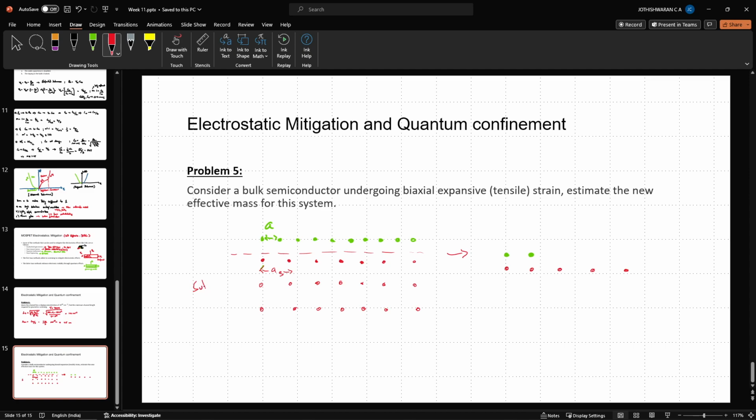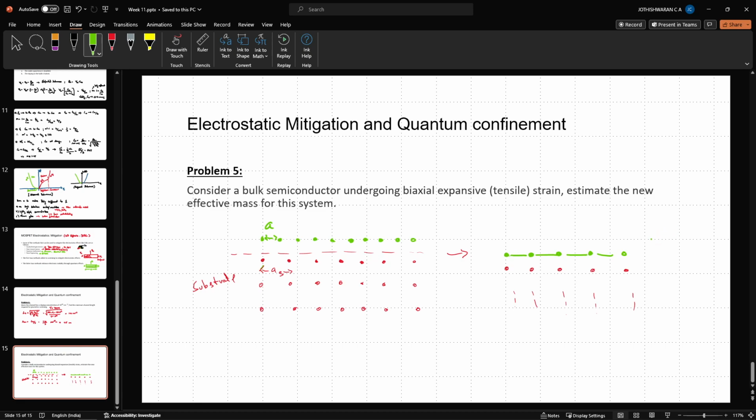So now the green dots will get stretched out. These bonds now undergo a tensile strain. They are stretched. Now remember, if this is a 2D device, then stretching occurs.